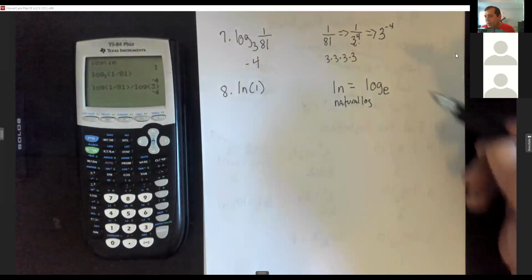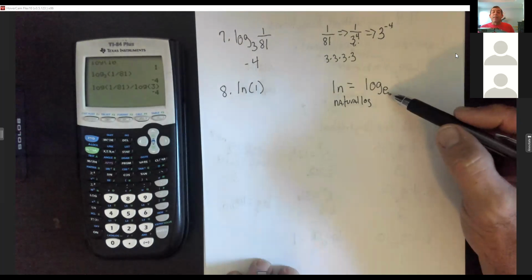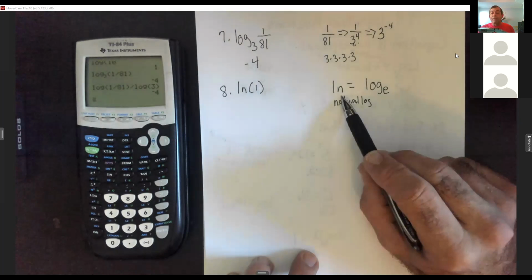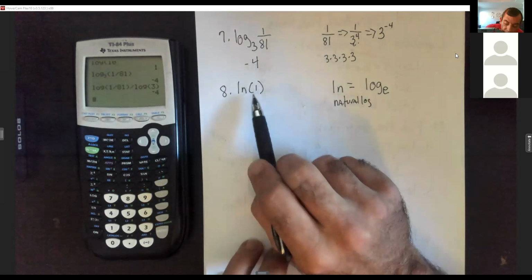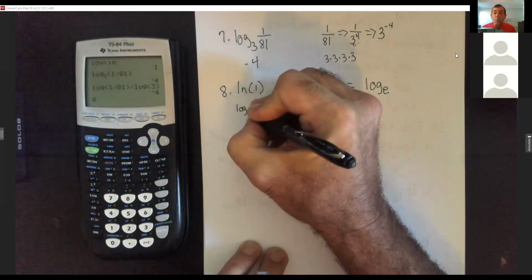That e was what we did last class. That's Euler's number, and they use it when we're playing with these natural logs, okay? So this is ln of 1. This is really a log base e of 1.